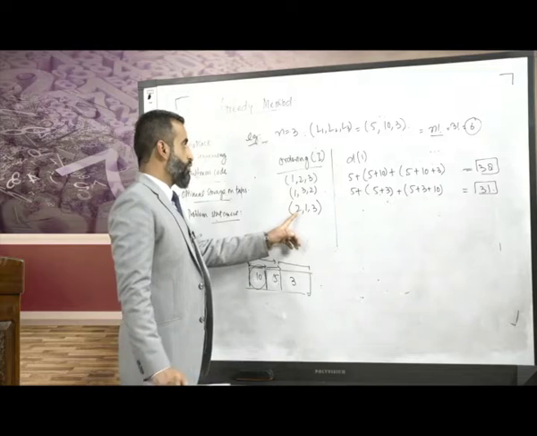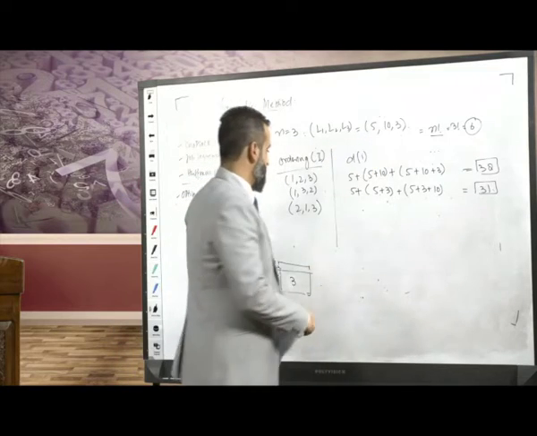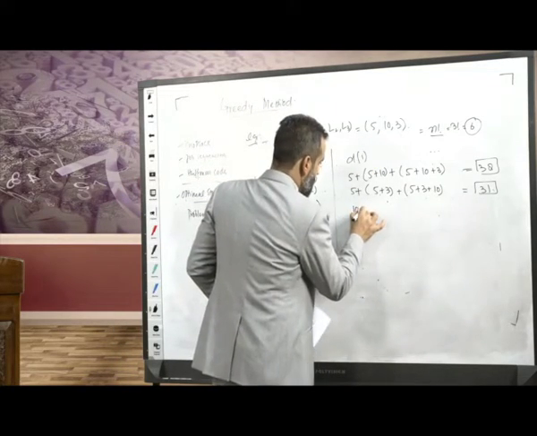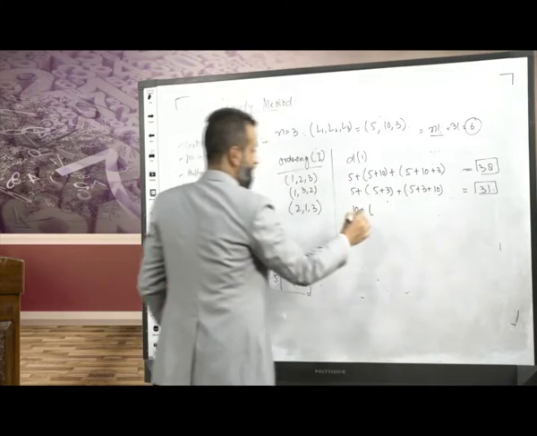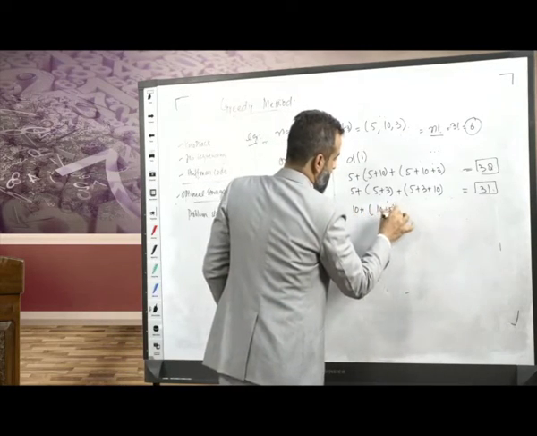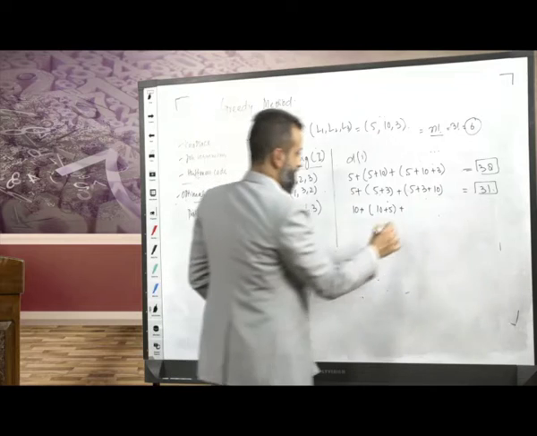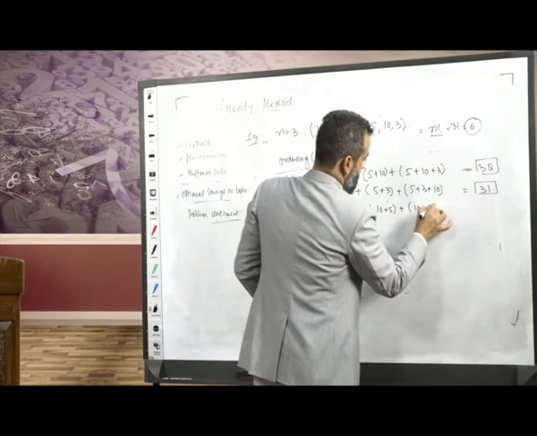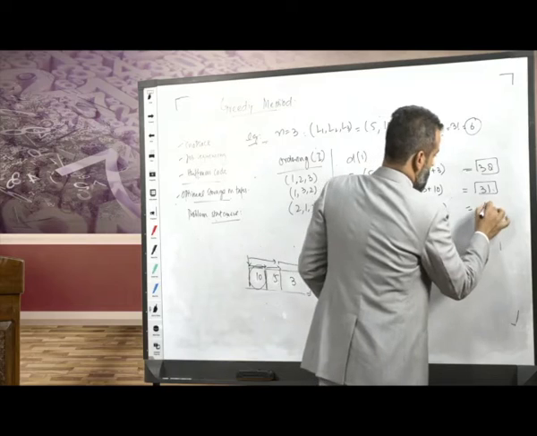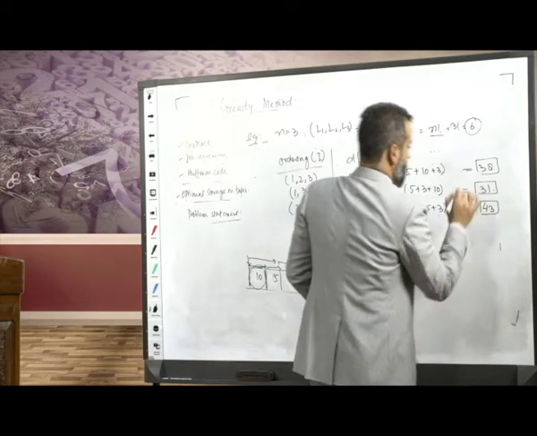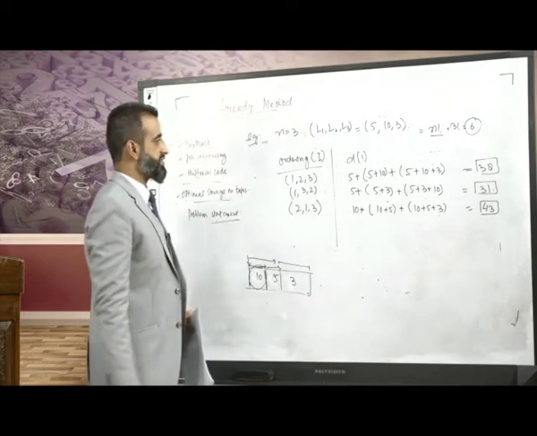So program number 2 takes 10 units of time to complete its retrieval, and this takes 10 plus 5, and program number 3 will obviously take me 10 plus 5 plus 3. If we sum it up, it has a total value of 43.